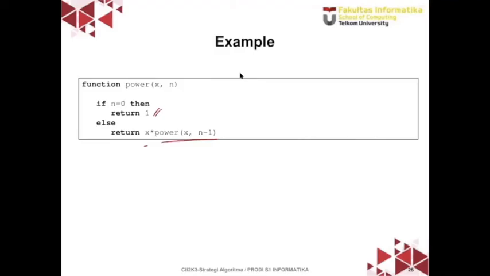So the basic operation for this algorithm is obvious. It is the multiplication we have here. For the case of n equals 0, we don't have multiplication at all, so T(n) is equal to 0.